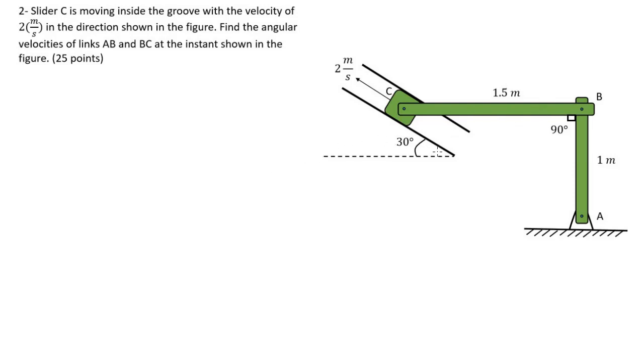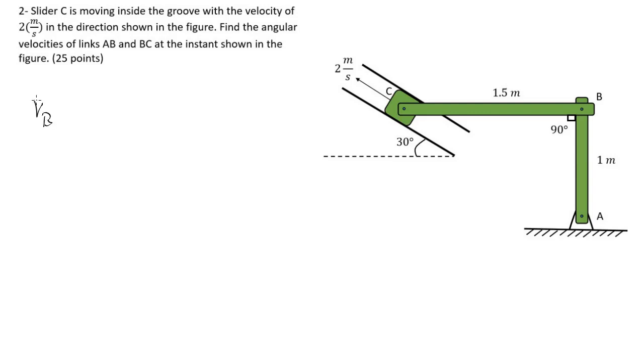So we should be able to find omega BC and omega AB. Here we don't need to find VB, but once we find the angular velocity, we can also write down the velocity of point B. So let's start writing the solution.